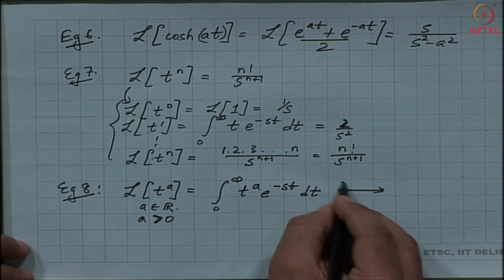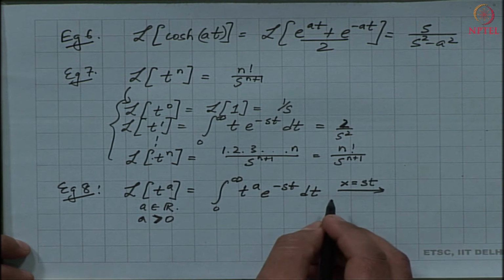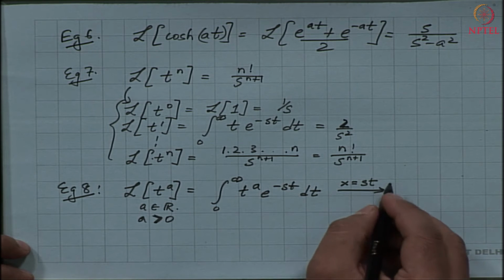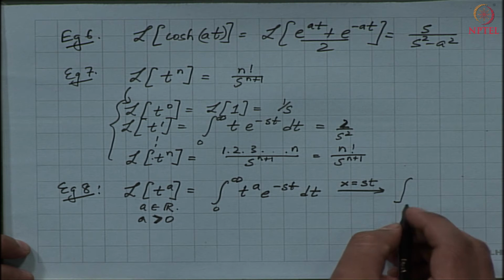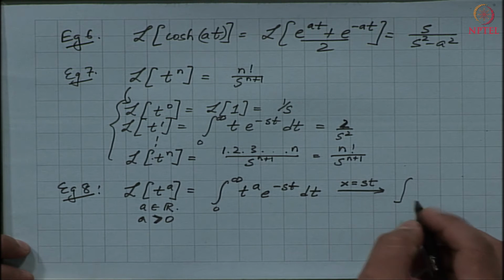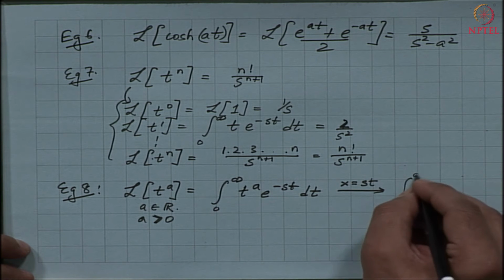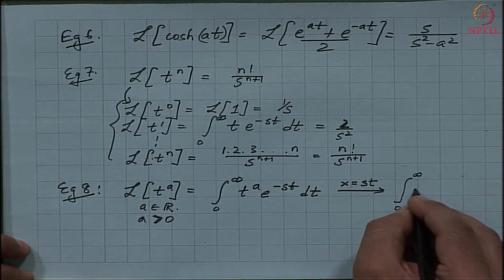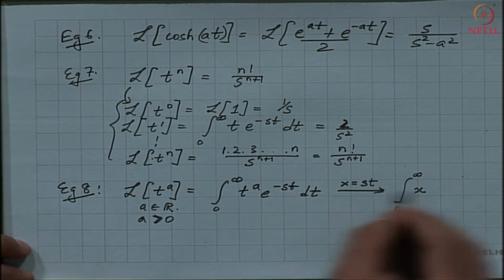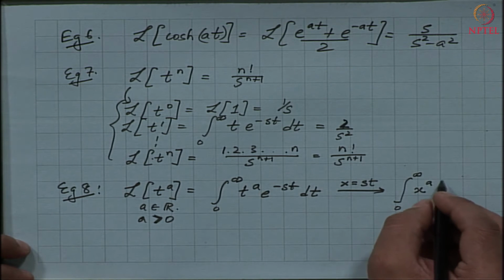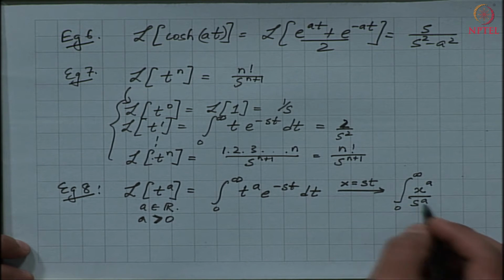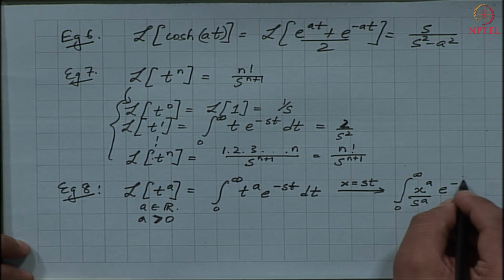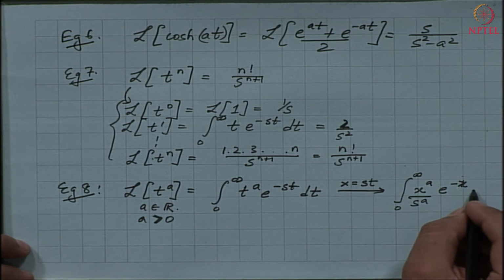If I use the variable x equals s t, my Laplace transform changes to the following expression: the integral from 0 to infinity of x to the power a divided by s to the power a, times e to the power minus x, and then I have dx divided by s.